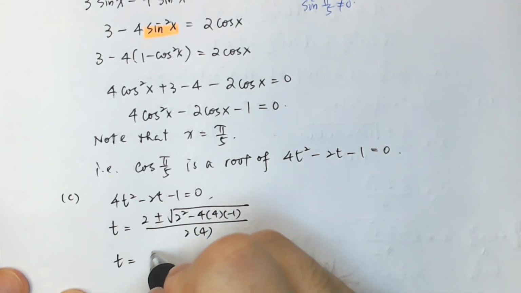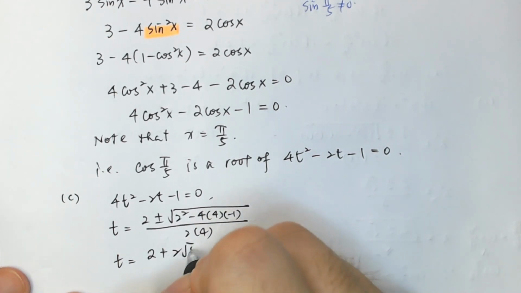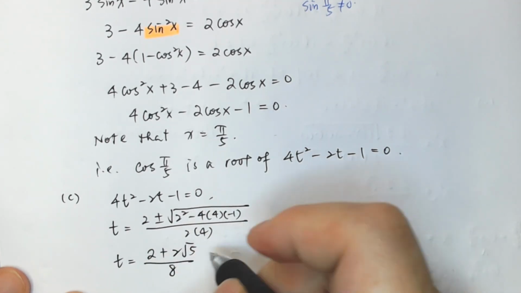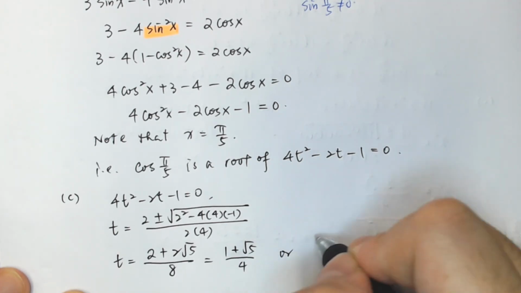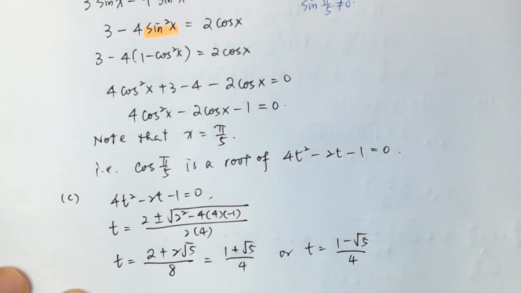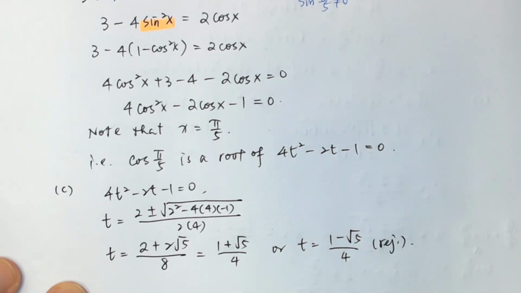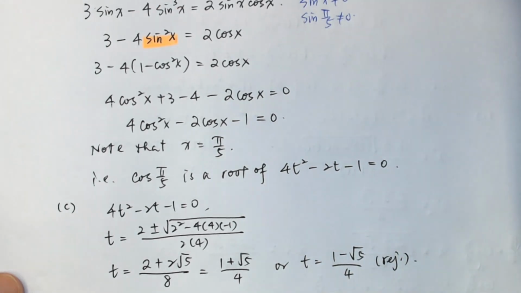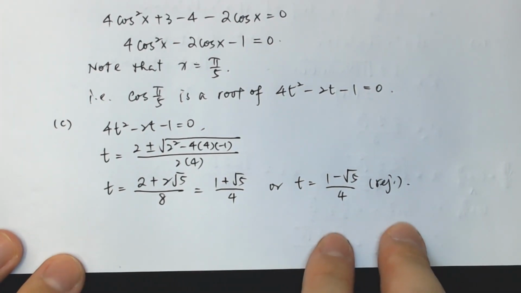And t is equal to 2 plus, this is root 20, that is 2 root 5, over 8, that is 1 plus root 5 over 4, or t is equal to 1 minus root 5 over 4. Note that cosine pi over 5 is a positive number, so you reject this value of t. And you know that cosine pi over 5 is 1 plus root 5 over 4 already.